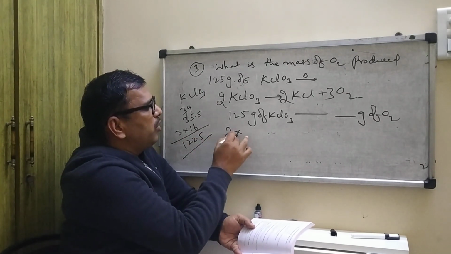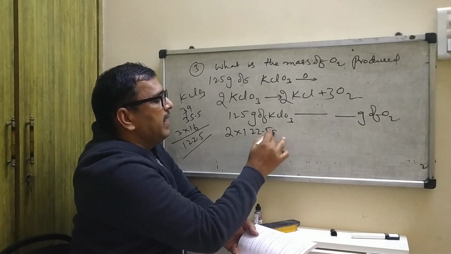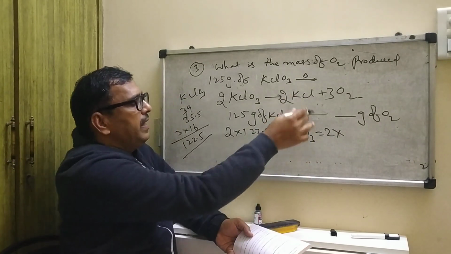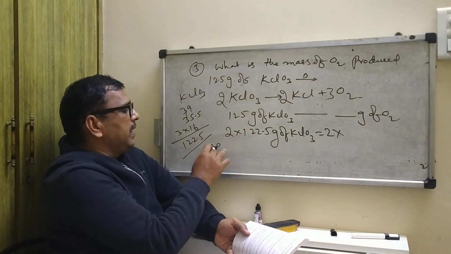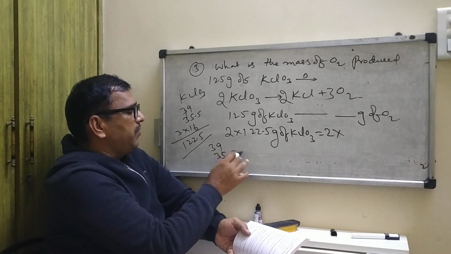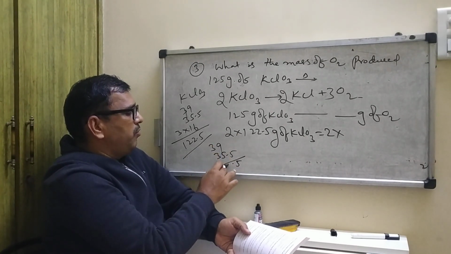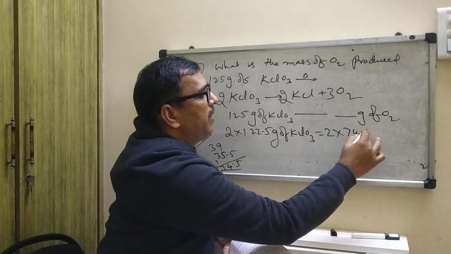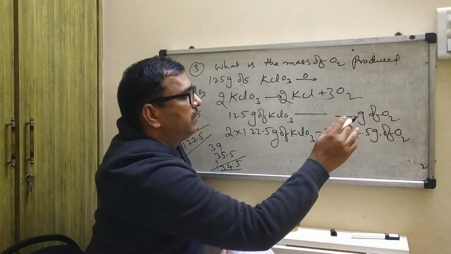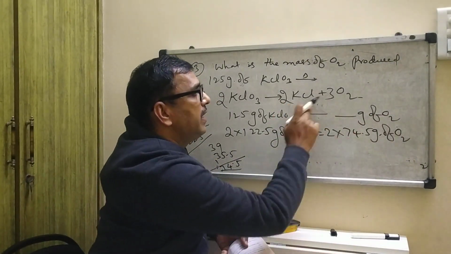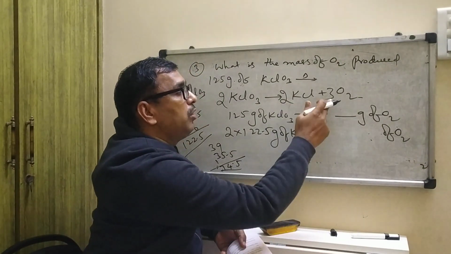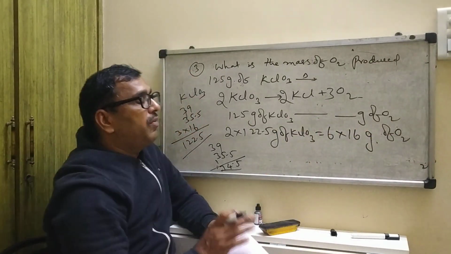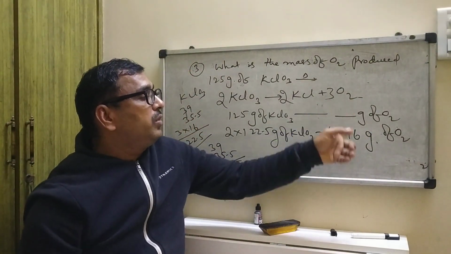So 2 into 122.5 grams of KClO3 gives 2 into KCl, potassium 39 and 35.5, that is 74.5 grams of KCl. Suppose it is oxygen, here 3 moles: 3 twos are 6 into 16 grams of oxygen. Why 6? 3 twos are 6, and oxygen is 16.